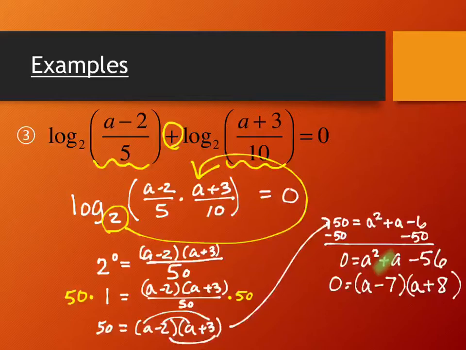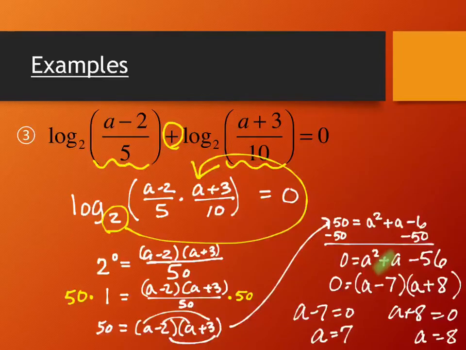This is still equal to 0. So I set each factor equal to 0. a minus 7 is 0. a plus 8 is 0. So if I add and I subtract, respectively, a is 7 and a is negative 8. But I have to check it back in the original work to make sure that the insides of the logs are positive, right?